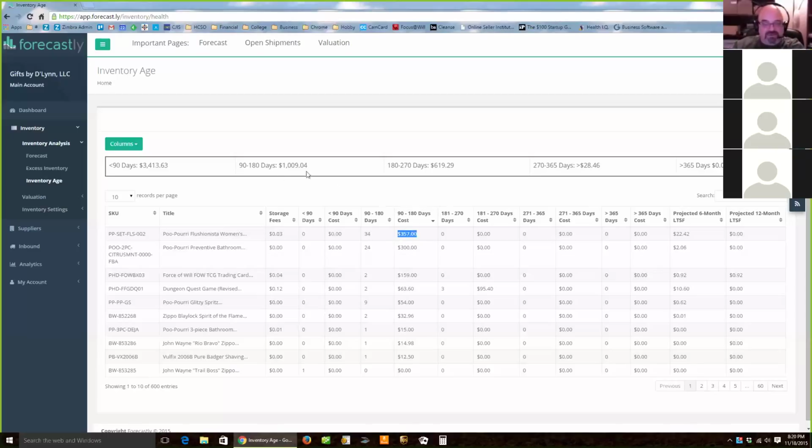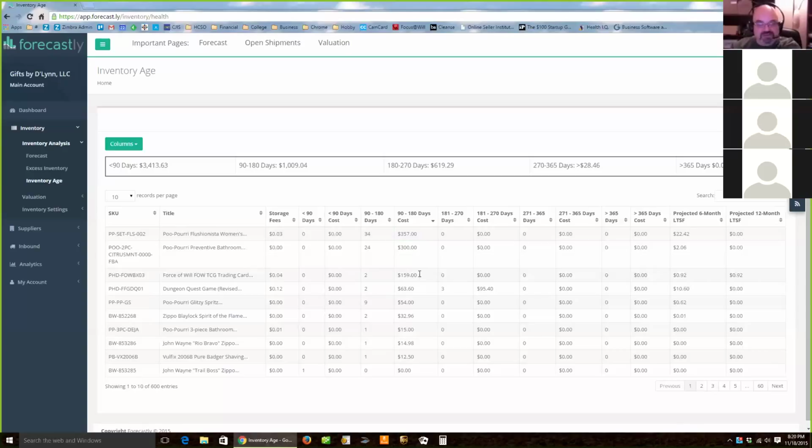So this is a report that you go in and sort on the 90 to 180 or 180 to 270, see how much money you have tied up, and then that's when you make a decision to liquidate some of that stuff out. Here's another one that was a speculation buy, and I have 2 of those, and I paid about $78 apiece for them.